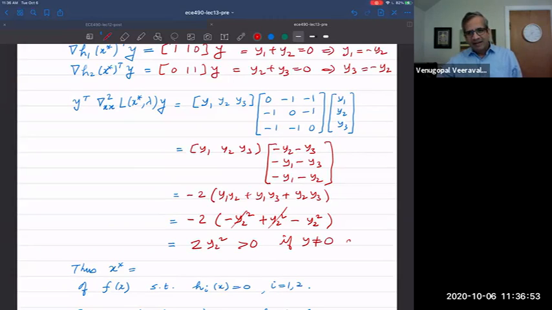Okay. So this is actually a very interesting example because it's an example for which the Hessian is not positive definite, but if we restrict our y's to belong to V of x star, you get something that's positive.